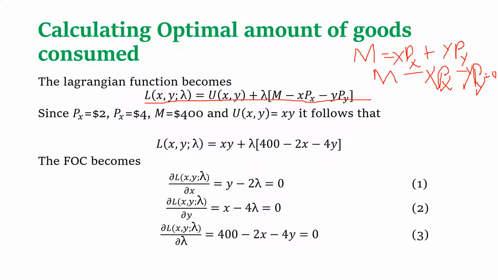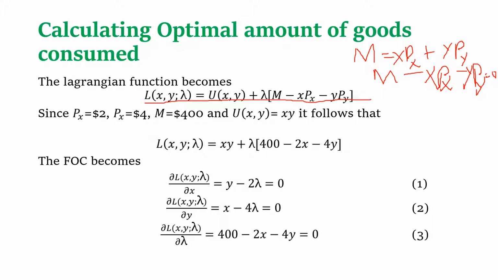So just slot this M minus xPx minus yPy into this equation, and then we have plus lambda. Lambda there is the marginal utility of income. It is referred to as the Lagrange multiplier. Lambda is the rate at which that composite function changes as the income of the consumer changes. That is why we call it the marginal utility of income.